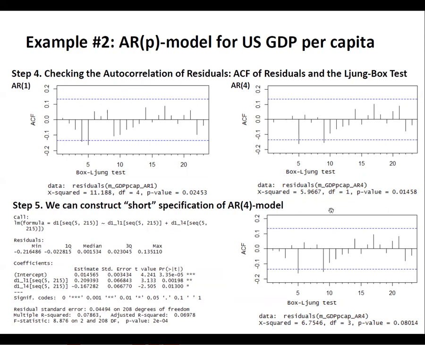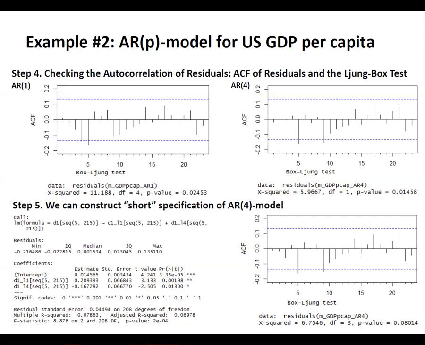What can we do in this case? Firstly, we can note on the previous slide that the second and the third parameters of the AR4 model are not significant. And this means that their presence in the model simply increases the number of degrees of freedom and affects the statistical significance of our test.